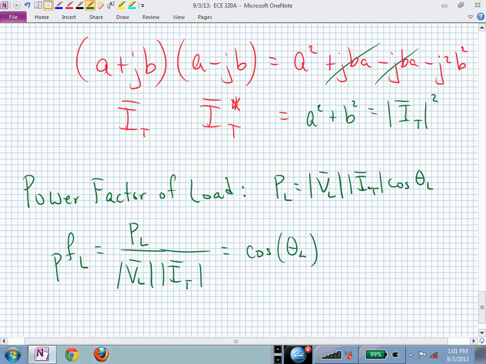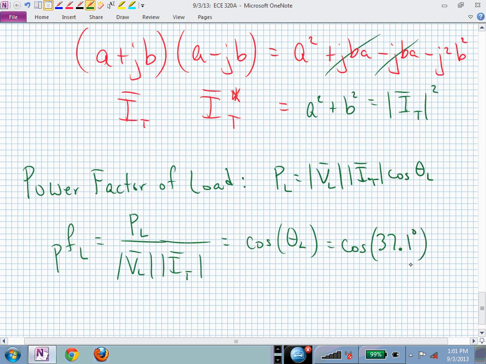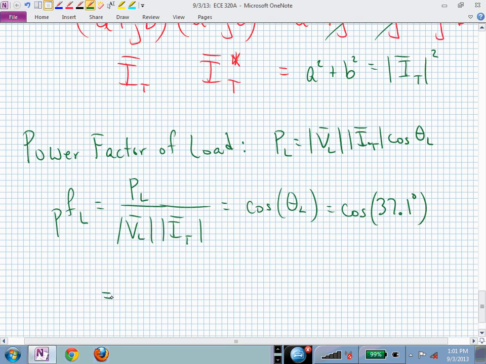In this case, that was 37.1 degrees, so I need to make sure I'm clear on my 7s and 1s, don't I? So it's 37.1 degrees, and if I compute that cosine, I end up with 0.798, and is the current leading or lagging in this load?